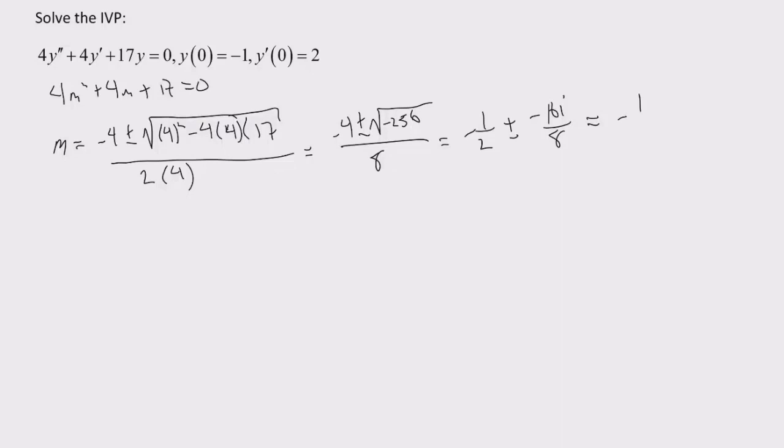So I get -1/2 plus or minus 2i at the end there.